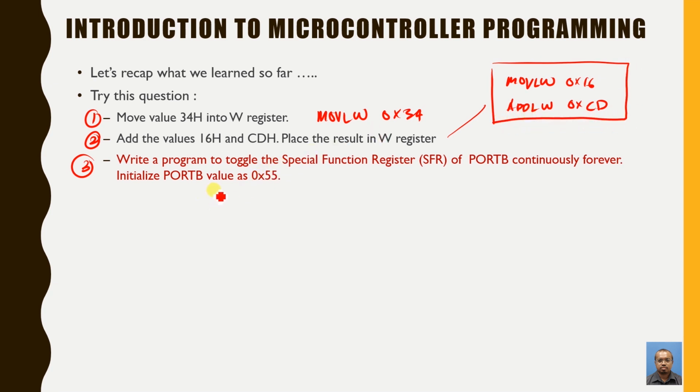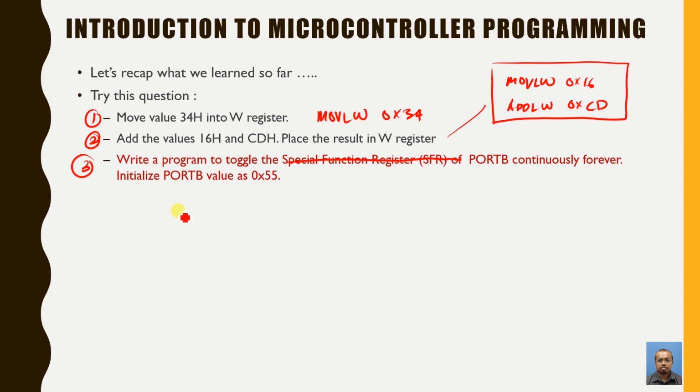Number 3, write a program to toggle port B. I'll just strike out special function register because I don't want to confuse you, because port B is actually part of SFR, special function register. Okay, the program must be continuously repeated forever, right?